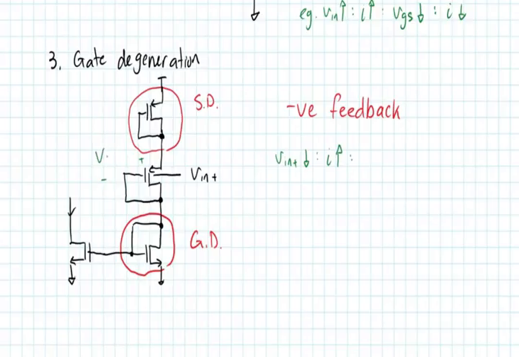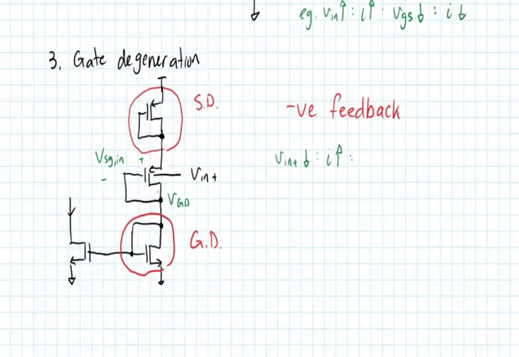This is VSG of the input transistor. What happens is that when current goes up, this is VGD of the transistor, because the gate and the drain are connected together. This is what we call VGD.